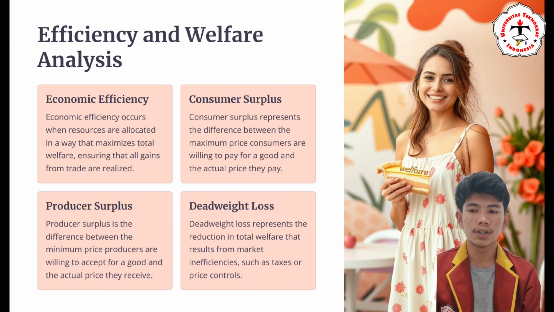Producer surplus is the difference between the minimum price producers are willing to accept for a good and the actual price they receive. Consumer surplus. Consumer surplus represents the difference between the maximum price consumers are willing to pay for a good and the actual price they pay.